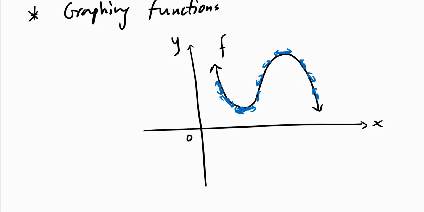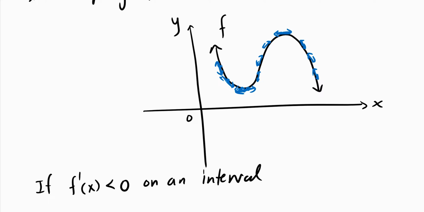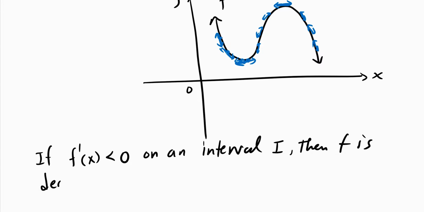So this tells us if the derivative is less than 0, meaning the tangent line has a negative slope on an interval, let's call it I, it's not just at a point, then f is decreasing on I.